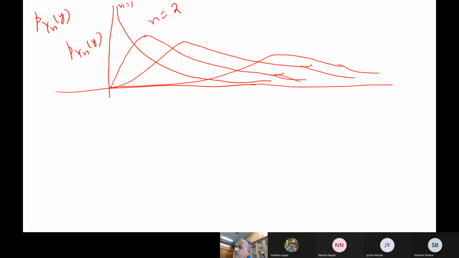See the peaks, where they are going. If this is my y value, as the number of samples increases, the peaks are shifting towards which side? See where the peak values are going.